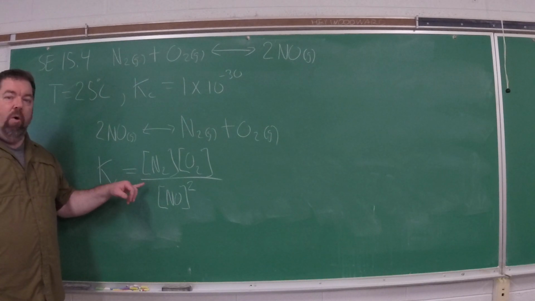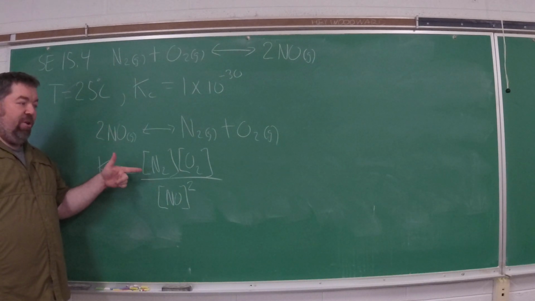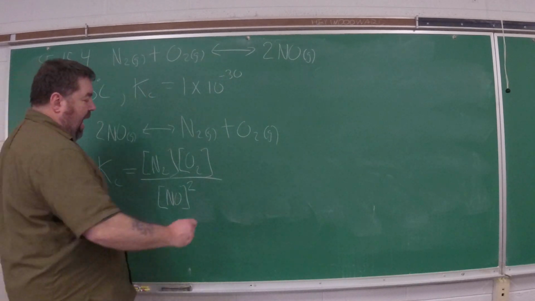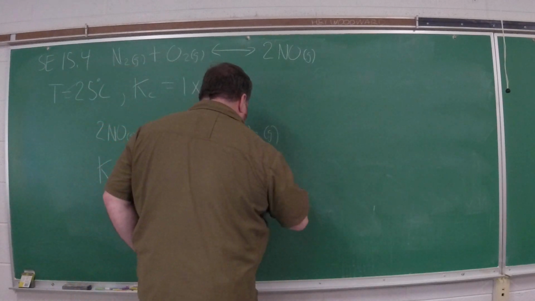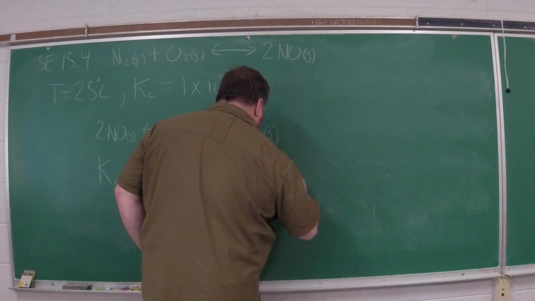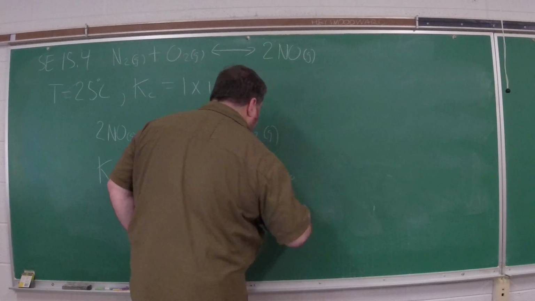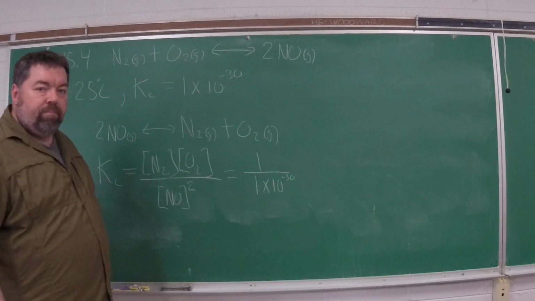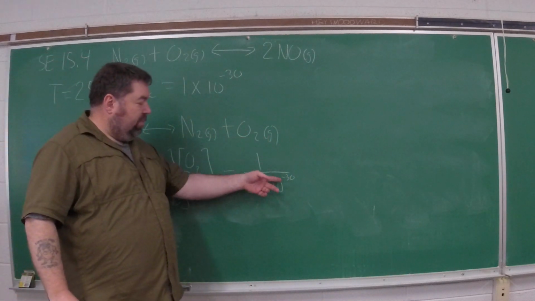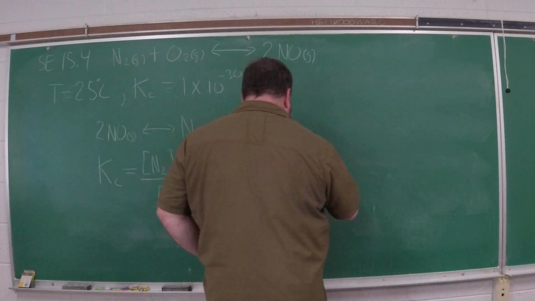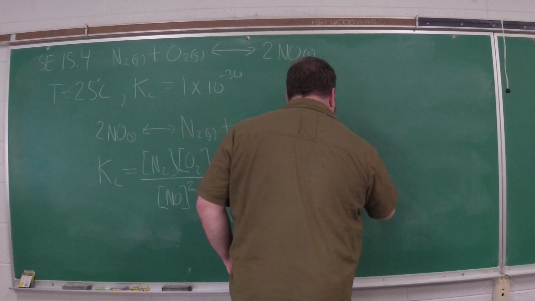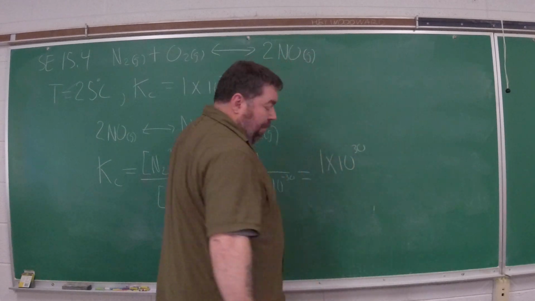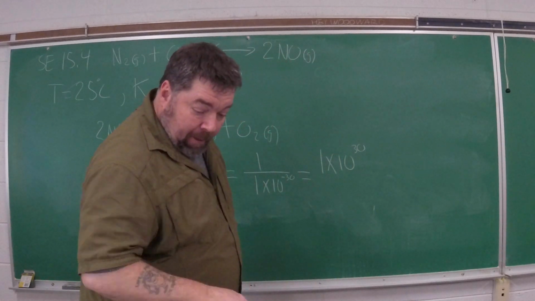And we know from what we just talked about, what's this value gonna be? It's going to be the reciprocal of that. So it's going to be 1 divided by 1 times 10 to the minus 30, and if you just move this up into the numerator, then we get 1 times 10 to the 30.